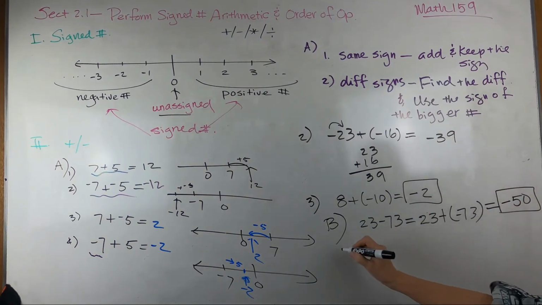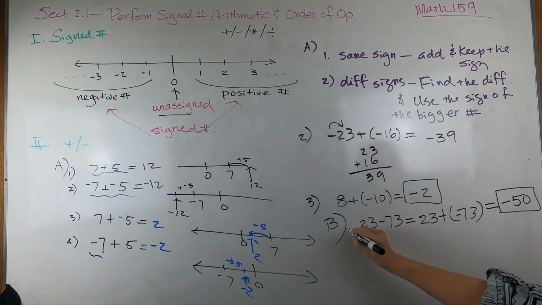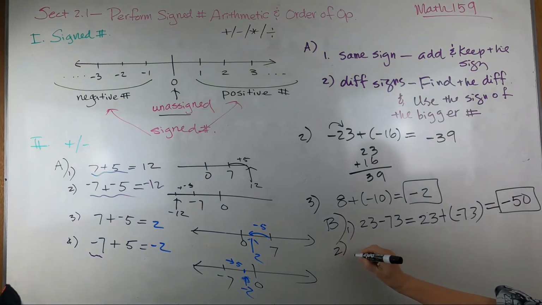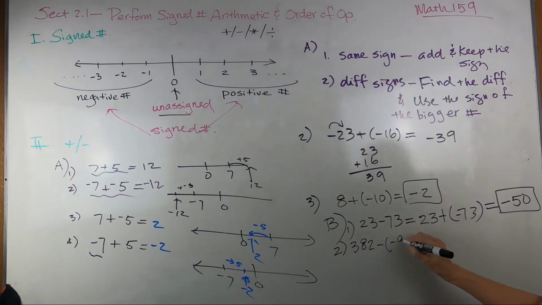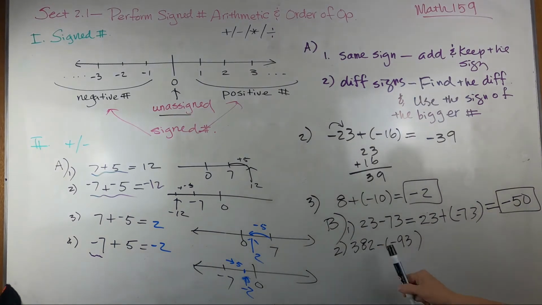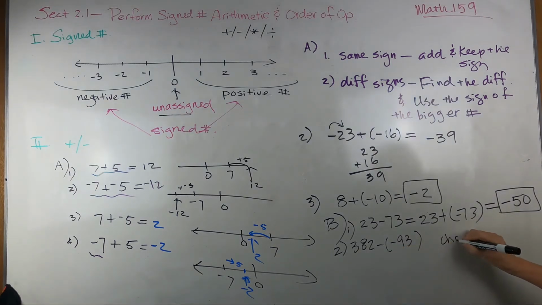Follow the rule. Okay? So if you have two numbers, 382 minus negative 93. So when you have minus something, but you have another negative, what do you do? If you have a negative, you do change.